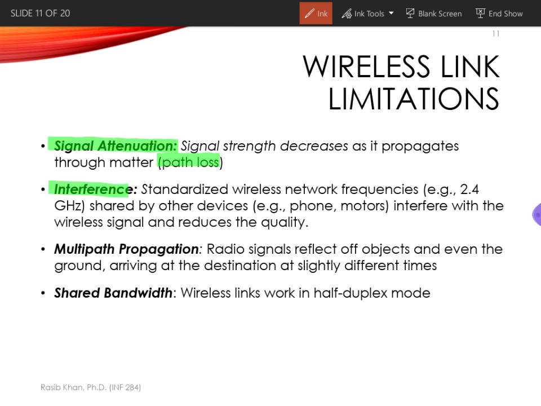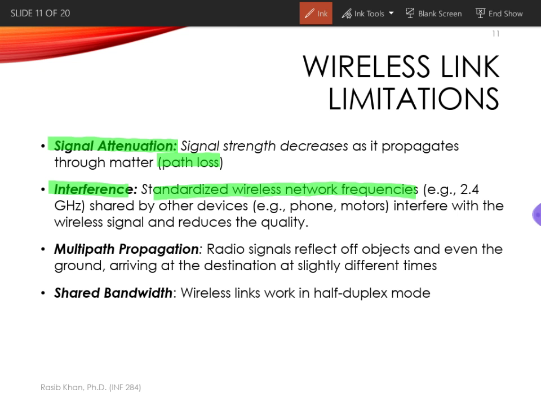Next, the next limitation for wireless links is referred to as interference, and this occurs when there are other devices operating at the same wireless frequency. All of these are standard network properties, right? As we have just seen in the previous slide, there are standard wireless link technologies, and they operate within a certain range of frequencies.